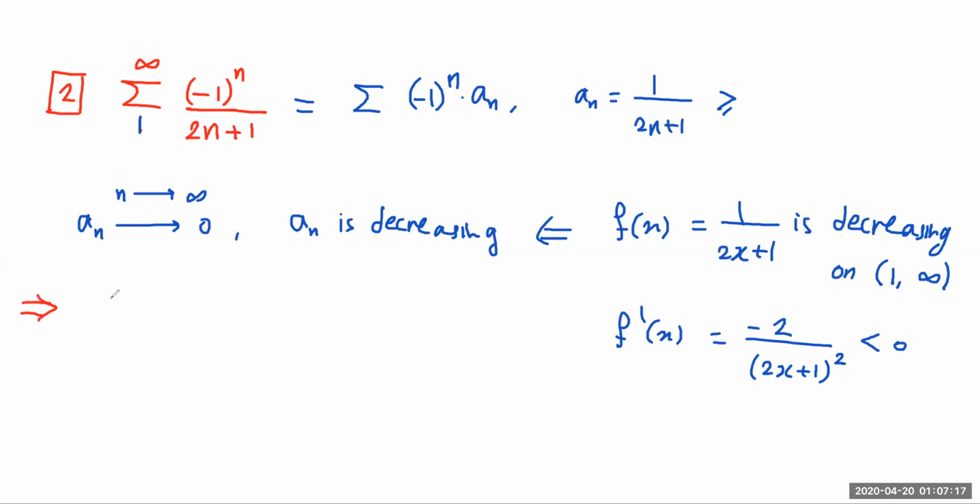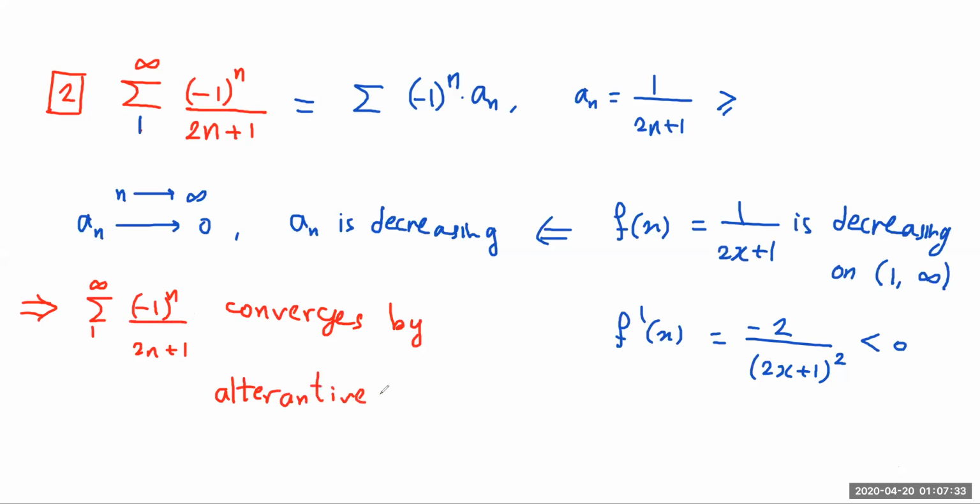So sigma minus 1 power n over 2n plus 1 from 1 to infinity converges by the alternating series test.